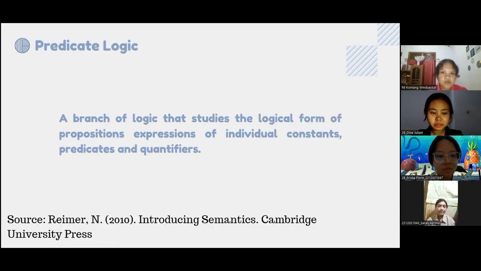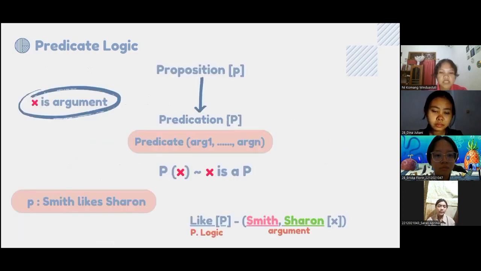And then the next material is predicate logic. Predicate logic is a branch of logic that studies the logical structure of propositions, expressions of individual constants, predicates, and quantifiers. So here is the structure of predicate logic.